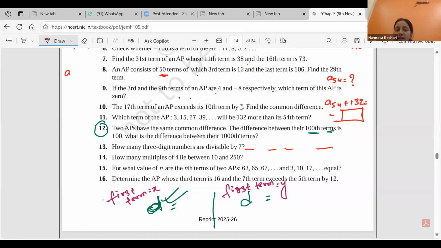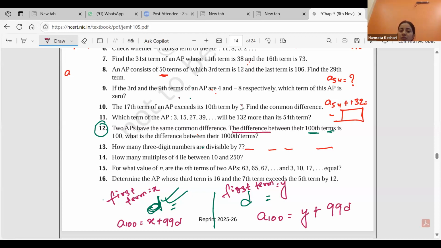It says that the difference between their hundredth term. So the hundredth term formula over here will be an = a + (n - 1)d. Your a is X plus (100 - 1), that is 99d. Here again, for the hundredth term, the formula will be a plus, your a you have assumed as Y, plus (n - 1), 99d.